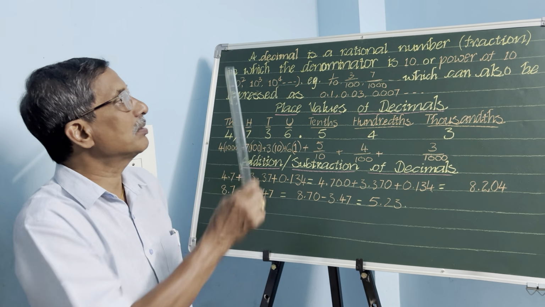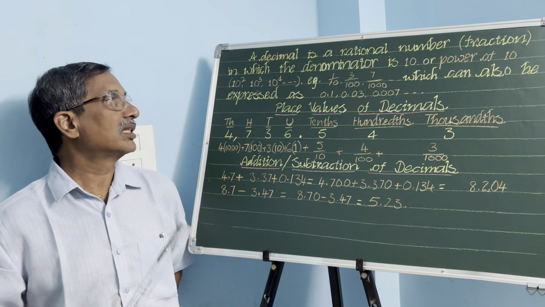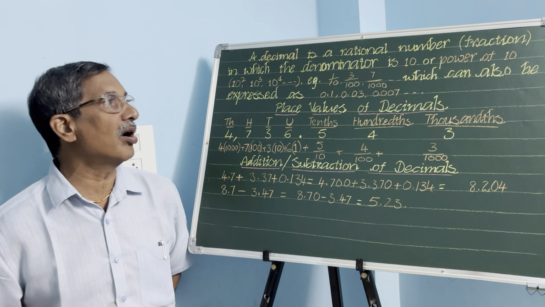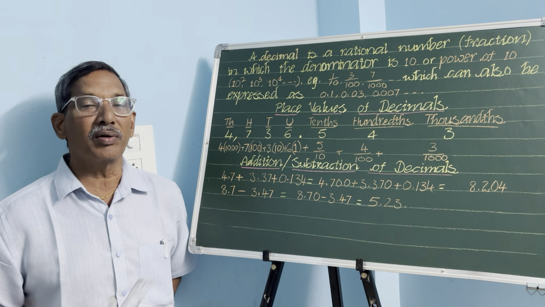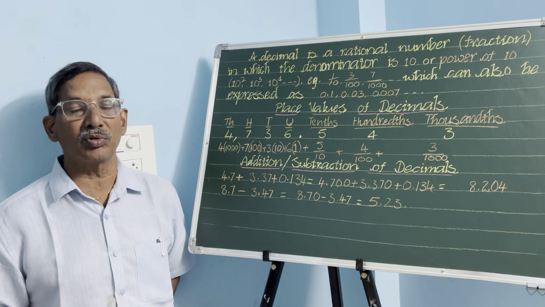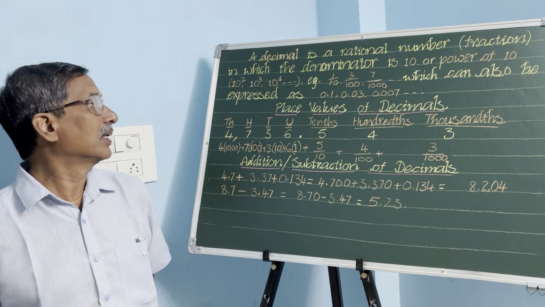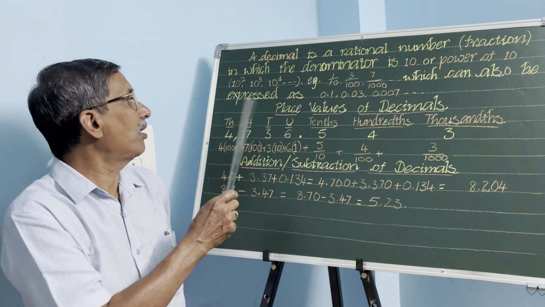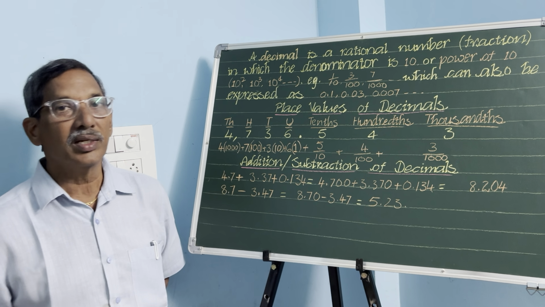A decimal is a rational number or a fraction in which the denominator is 10 or a power of 10. We know that 10 power 2 is 100, 10 power 3 is 1000, 10 power 4 is 10,000, like that. Power of 10 means 10 square, 10 cube, 10 power 4, etc.